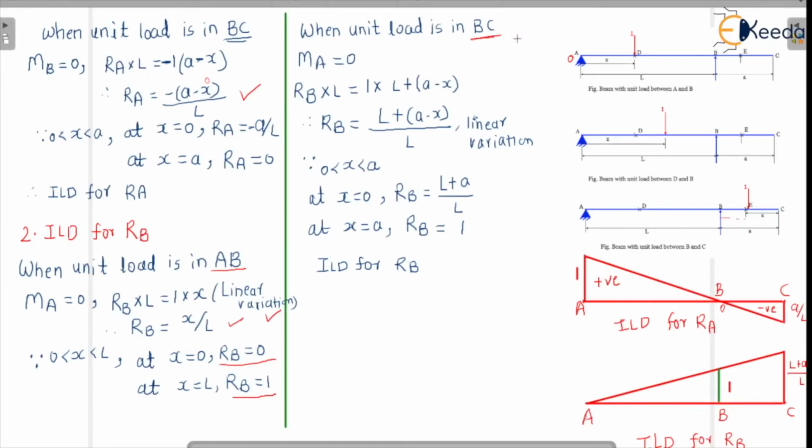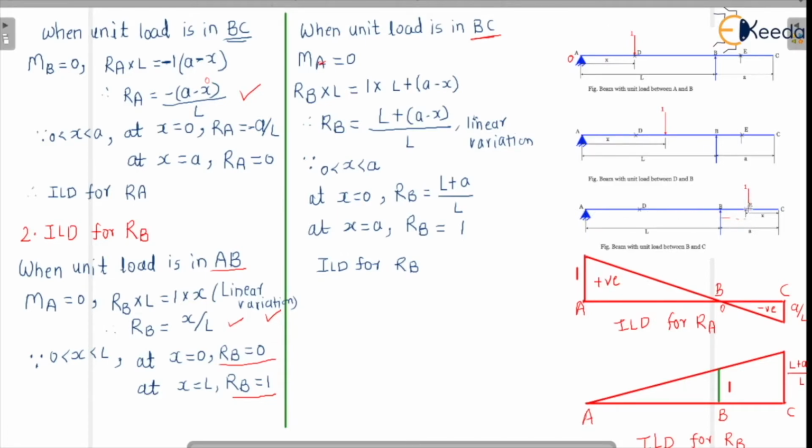Now when unit load is in BC, again consider the moment at A. Moment at A is equal to 0. So when it is in BC, it is RB into L, and now we have to find the total perpendicular distance.